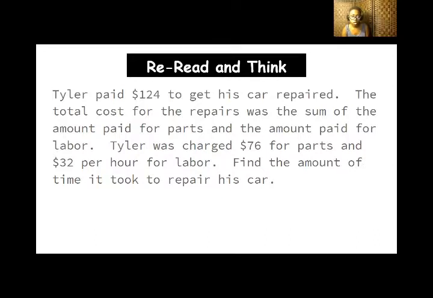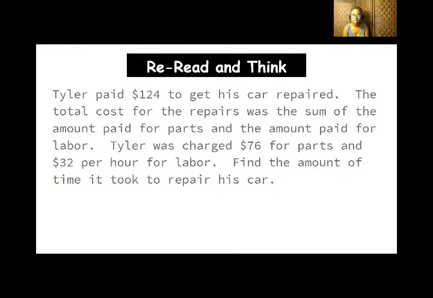So the total cost is the same as $124. But this next sentence is breaking down what was included in the total cost, like what gave him that total amount. It says the total cost for the repairs was the sum of the amount paid for parts and the amount paid for labor.